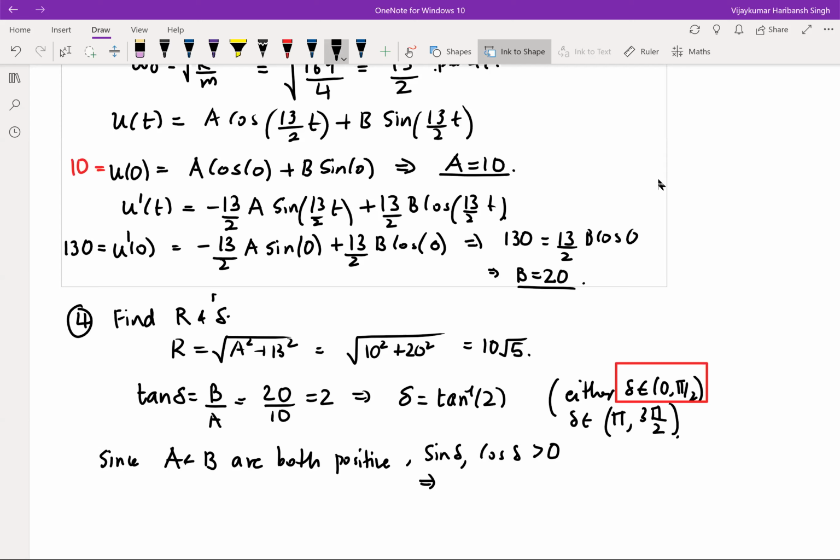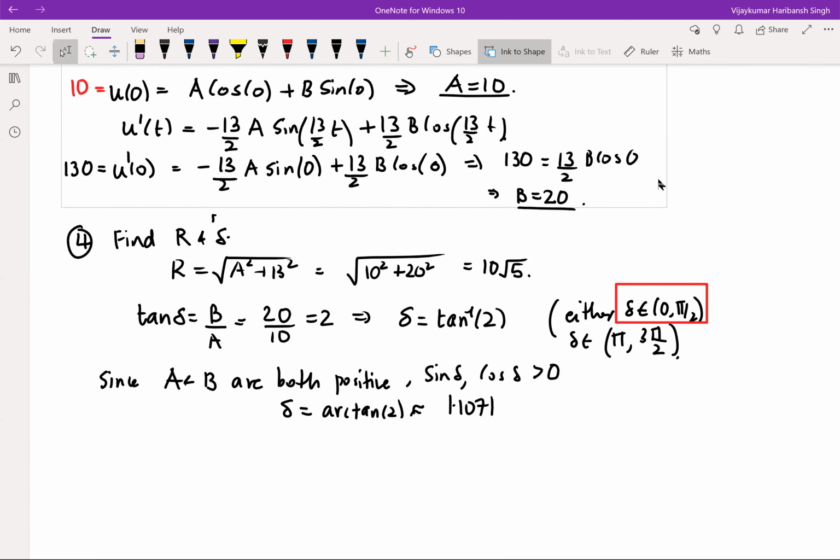In fact you can see that delta equals arctan 2, which comes out to be roughly 1.1071, something along those lines.